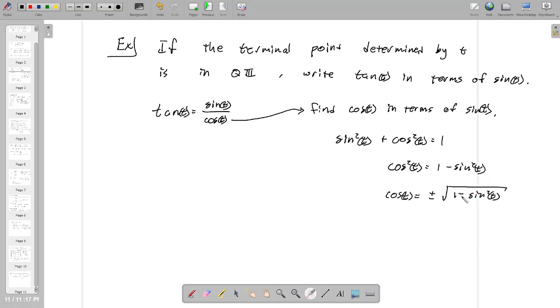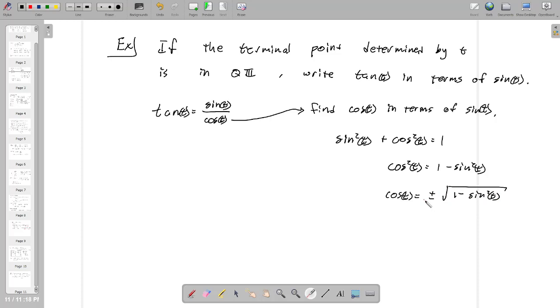This radical does not reduce, so don't reduce it. This is a common mistake amongst students in algebra, trig, and even up into calculus. Now the problem here right now is that I have cosine is either positive square root 1 minus sine squared or negative square root 1 minus sine squared. But it can't be both. It's one or the other.